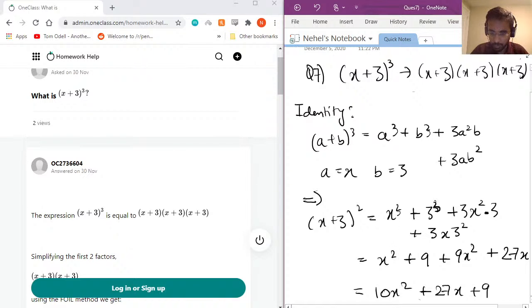So this becomes, and then 3 cube becomes 27.